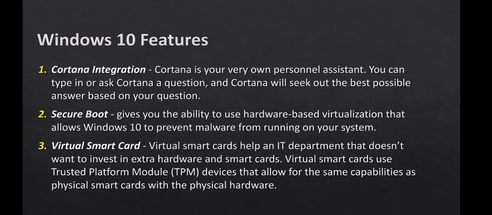Cortana is your very own personal assistant. You can type in or ask Cortana a question, and Cortana will seek out the best possible answer based on your question. Unfortunately, the full version of Cortana is not available in our country.